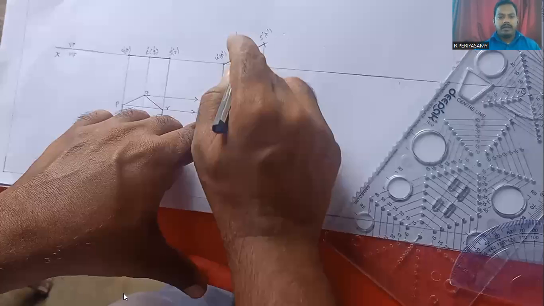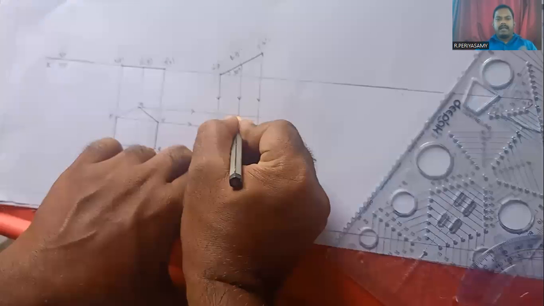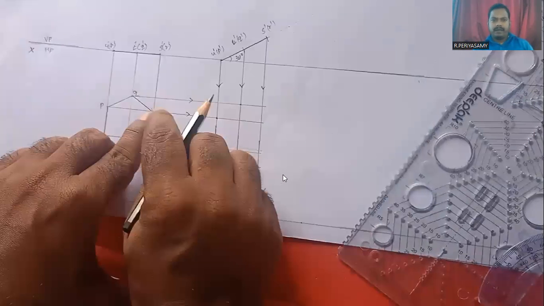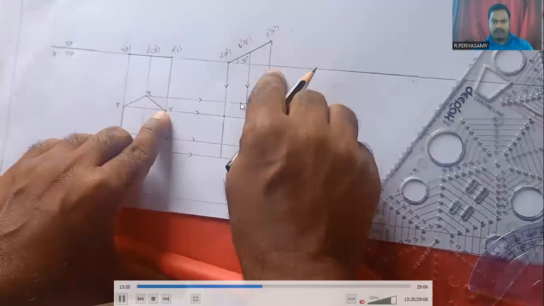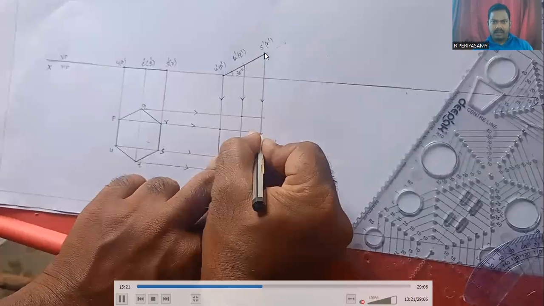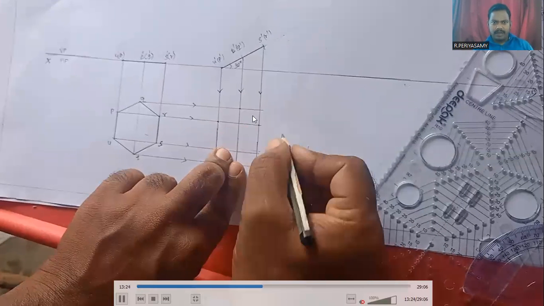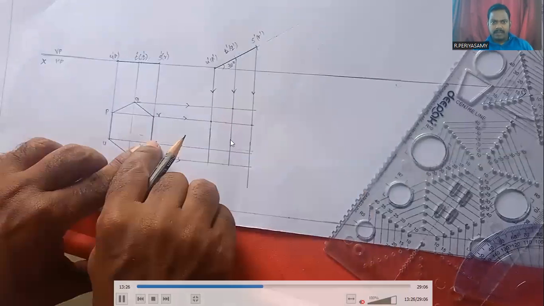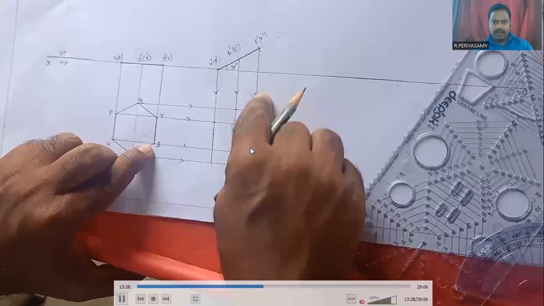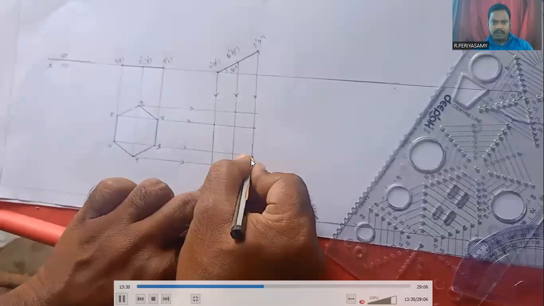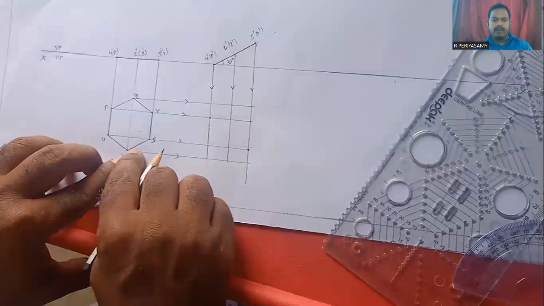Now we mark the corresponding lines meeting at the point. Here P point, here P point meeting here. Next Q point meeting here. So we mark the point here. R point, R line here, R line meeting here. Here S line, here also S line meeting. These two lines meeting, this point is marked. The same way we mark all the points.